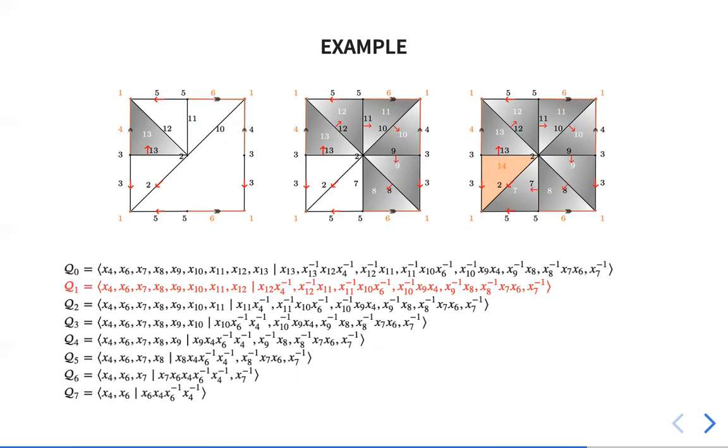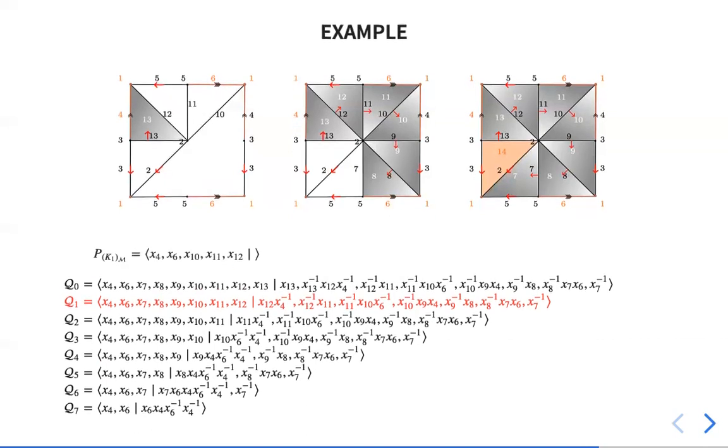So if you want to compute the presentation associated to this complex, you have to choose only the relators that are related to cells that are present in this complex, and you obtain this presentation. So it's sort of intersection of this presentation with the cells that are present in this intermediate complex.